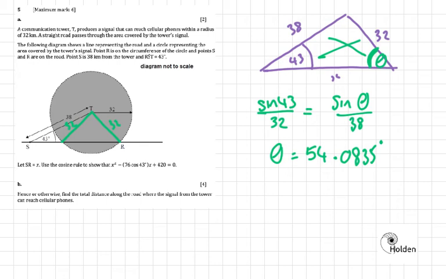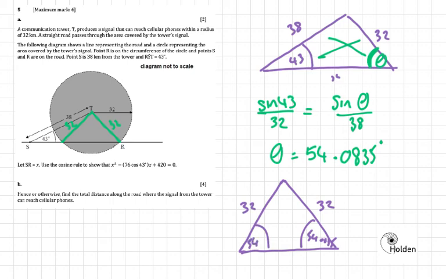Why did I work that out? Because in my next triangle, the triangle I can see here, I know this angle is 54.0835. This side is 32 in length, and this side is 32 in length, so we have an isosceles triangle. This angle is also 54.0835, and I can now work out this angle, let's call it alpha.